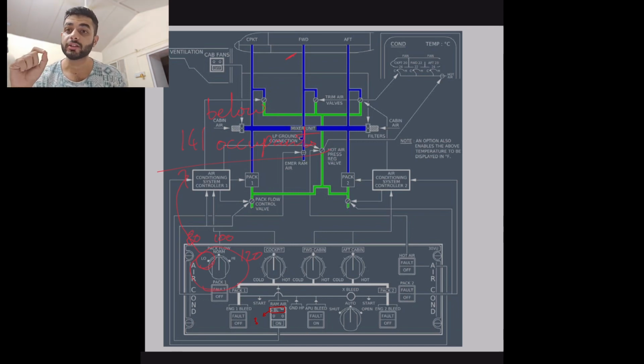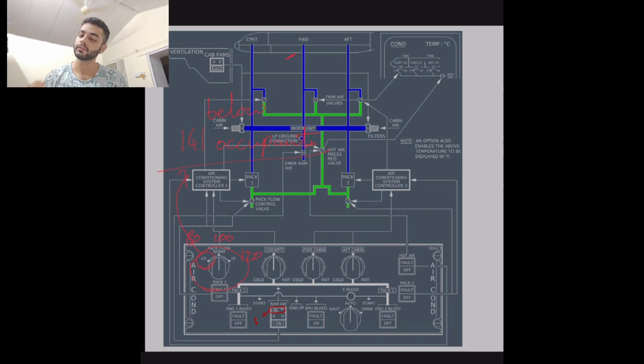It says occupants, it doesn't say passengers. Occupants includes flight crew, cabin crew, everybody on board. So if it says 140 passengers, you need to know how much cabin crew is also there, and obviously it's going to be higher than 141 people on board. Therefore you're always going to be on normal, you'll never be on low.